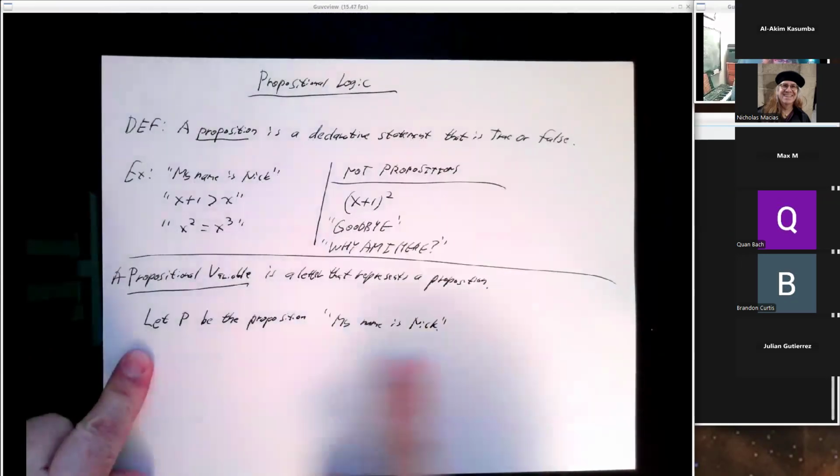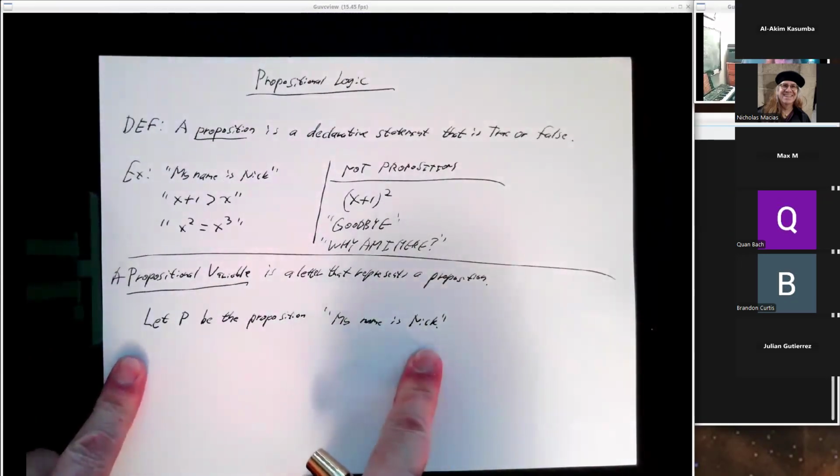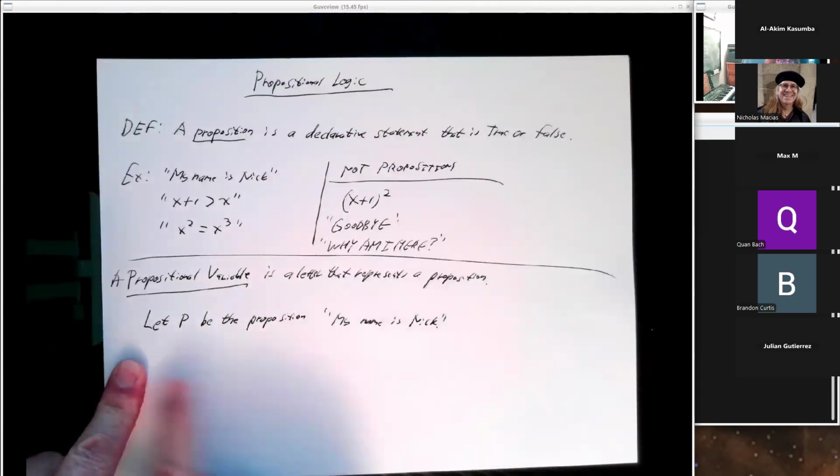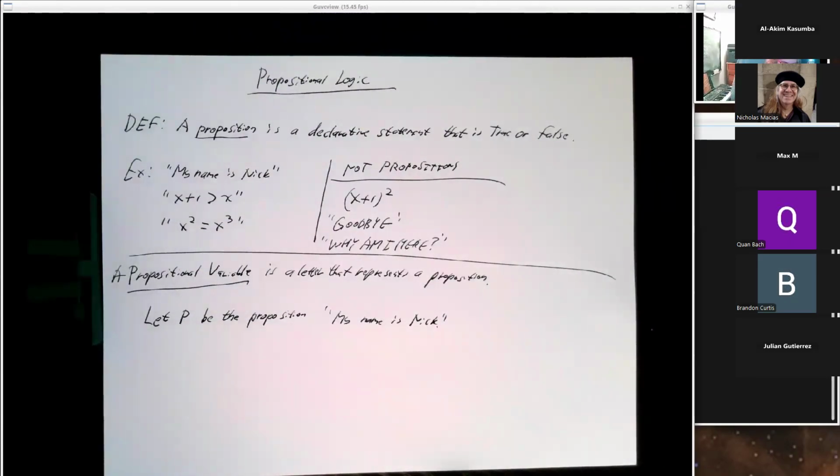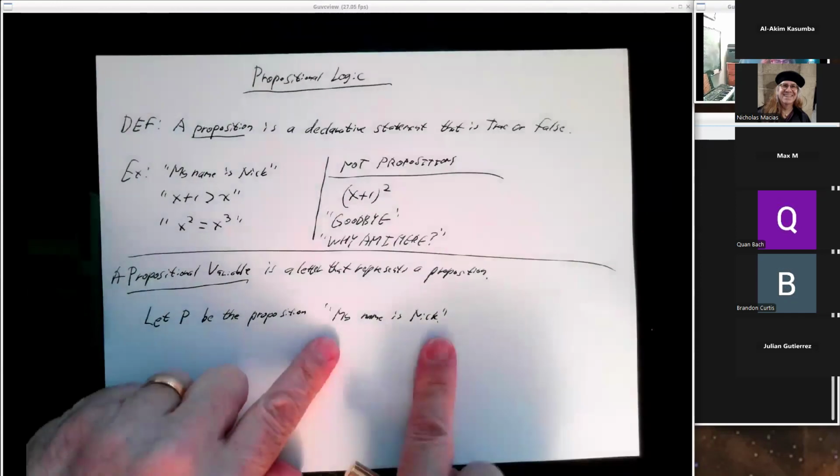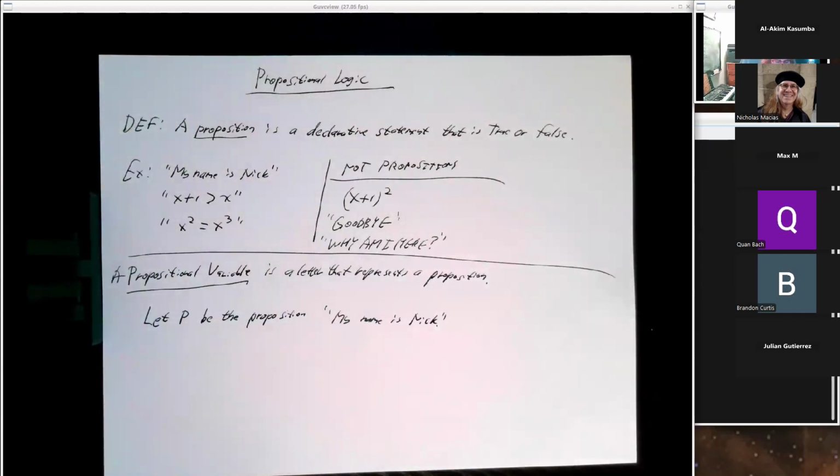If you put this on your homework, your exam, whatever, there's no ambiguity here. It's absolutely clear. P is a propositional variable. It represents the proposition, my name is Nick. So that's good. Go ahead and do that.